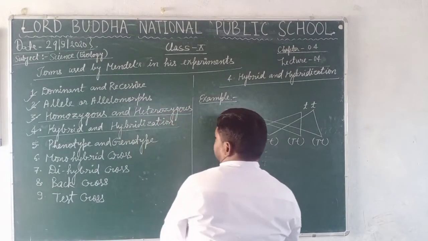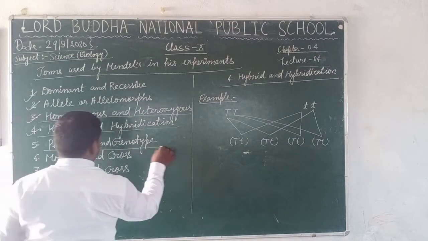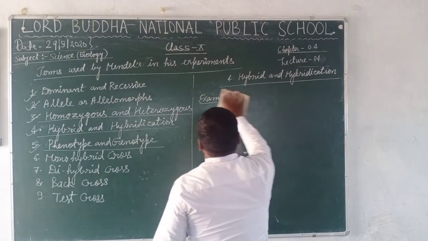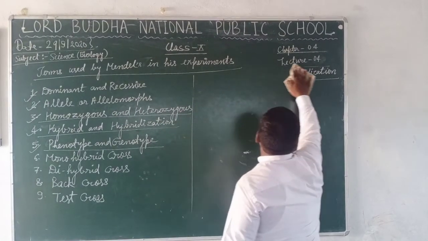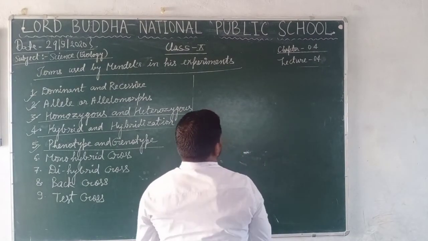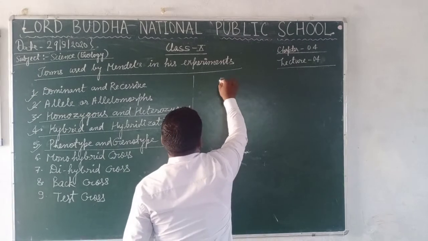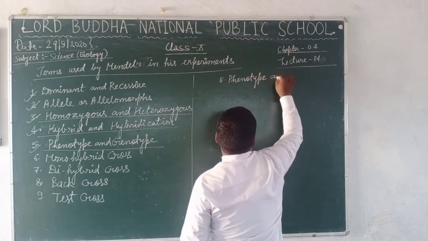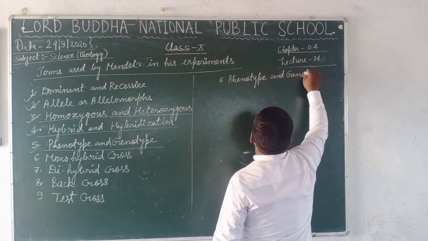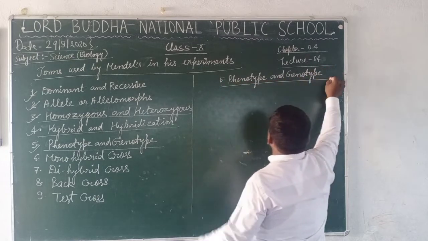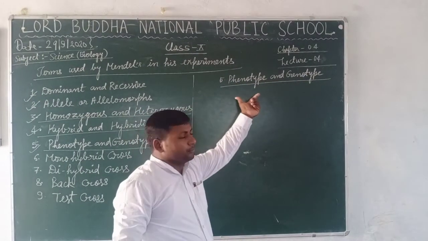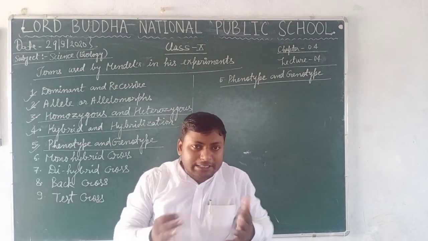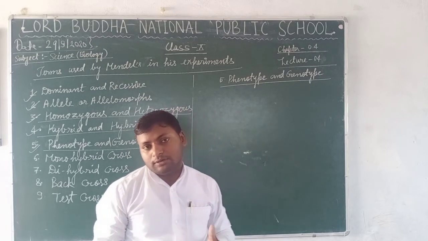Now students, another topic is phenotype and genotype. What is phenotype and what is genotype? Students, the term phenotype is considered to be the physical characteristics of the individual plants.